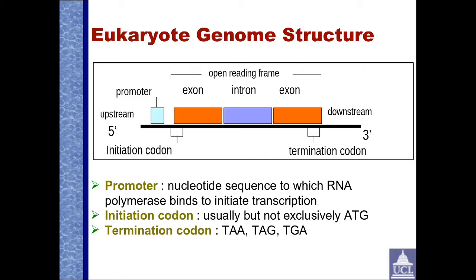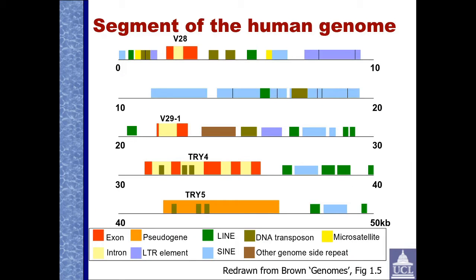So the problem is, how do we find where these introns and exons are? Here I've taken a segment of the human genome and annotated it with exons in the dark red orange, and introns in the pale yellow. But we also have a number of things that confuse this, because we have things like pseudogenes, which are sections of DNA that look like they're coding for protein but actually aren't.